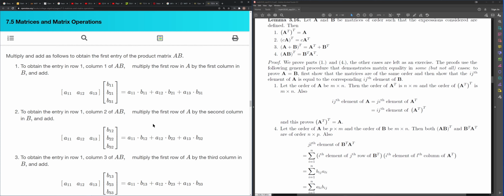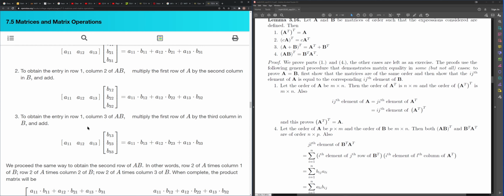Okay, so the point is that when you multiply your row against the column, for example, here this is multiplying row 1 against the third column. The first entry in the A's is telling you what row it's coming from, and the second position in the B's is telling you what column it's coming from.